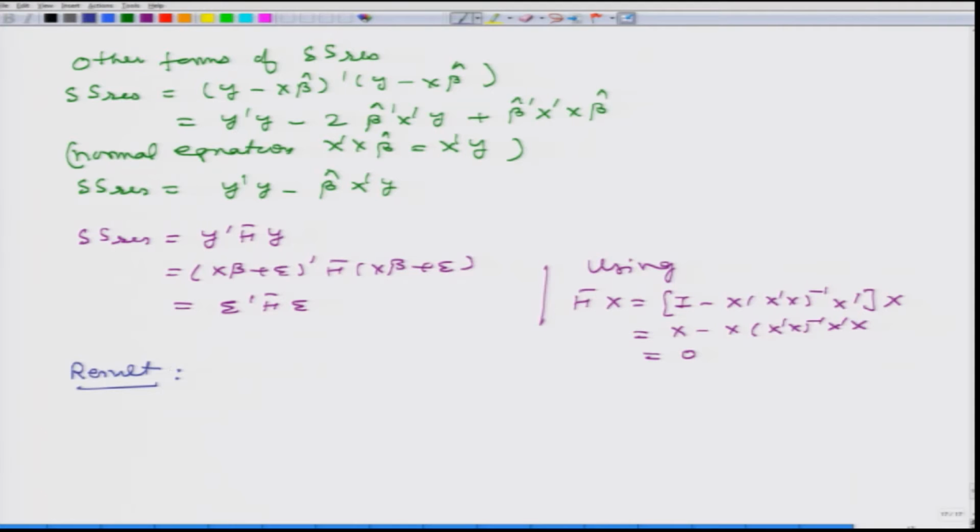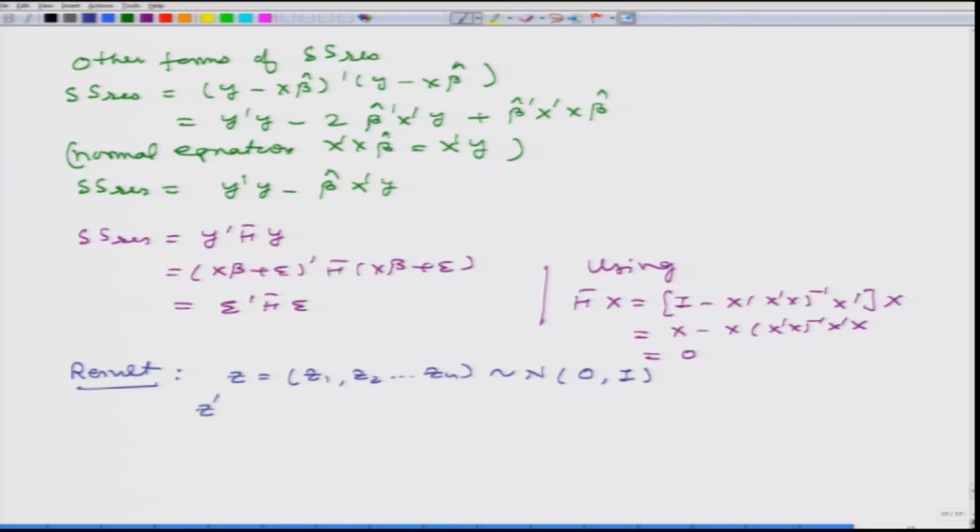Now, I am going to write down a result, and using this result we are going to find an estimator of sigma square. Say z, which is z1, z2, up to zn, is an n cross 1 vector, and suppose it follows a multivariate normal distribution with mean vector 0 and covariance matrix I, the identity matrix.